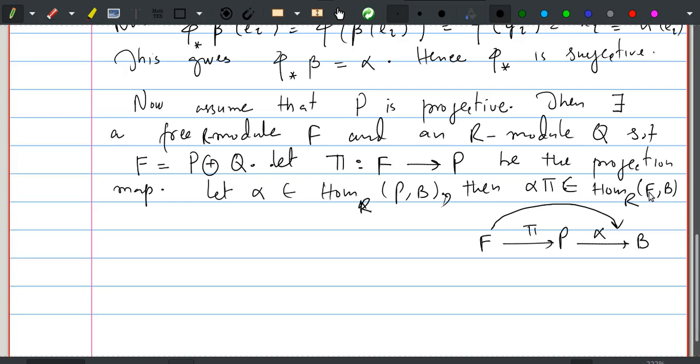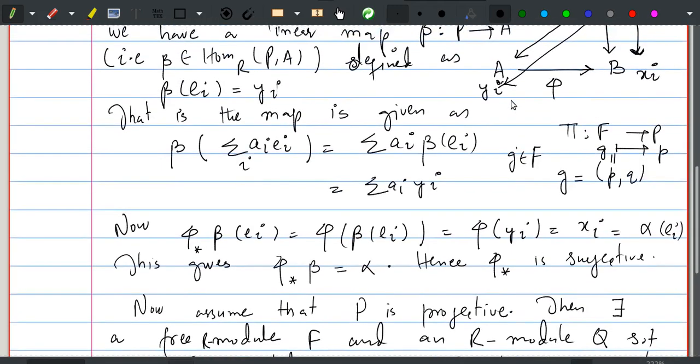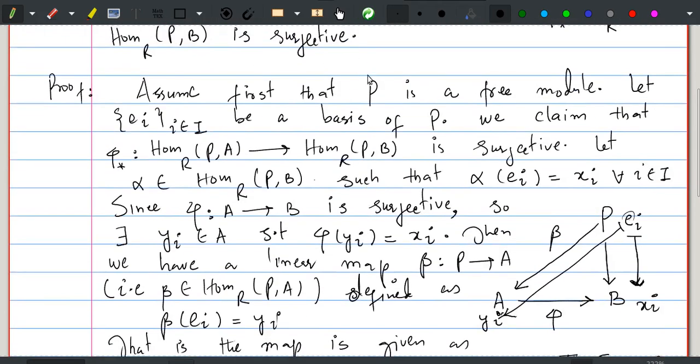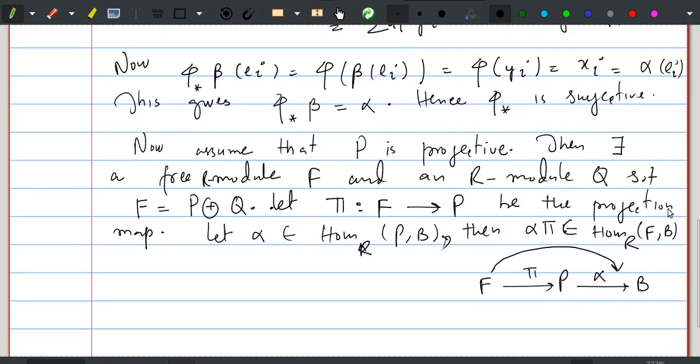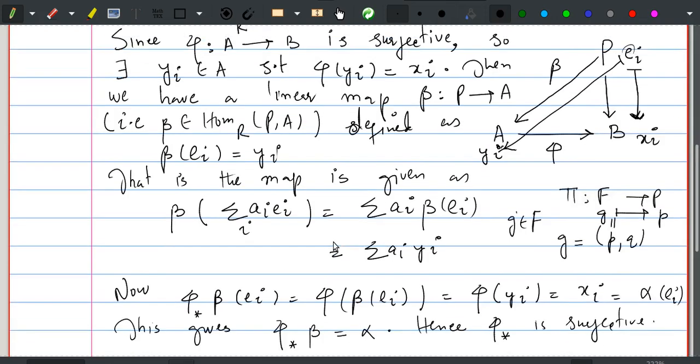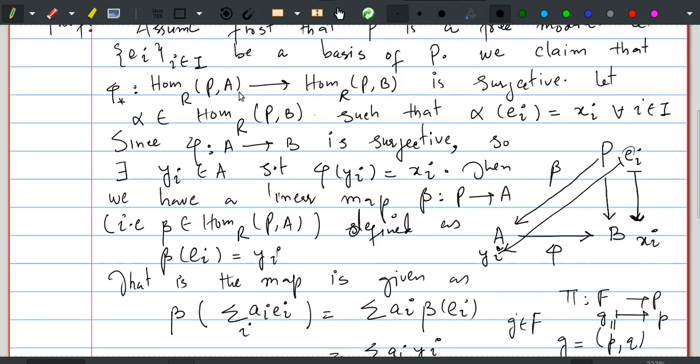But F is a free module, and earlier we have proved that the assertion is true when P is free. Since F is free, let's write this down here. Now F being free, in place of P right now we have F. Now we have an element alpha pi in Hom(F, B), so this phi star will be surjective.